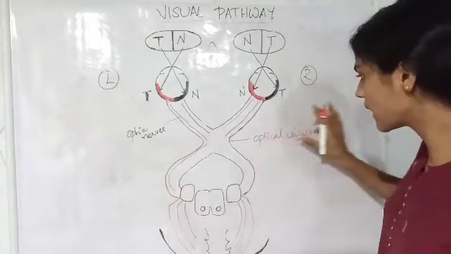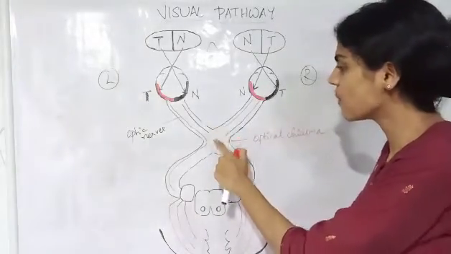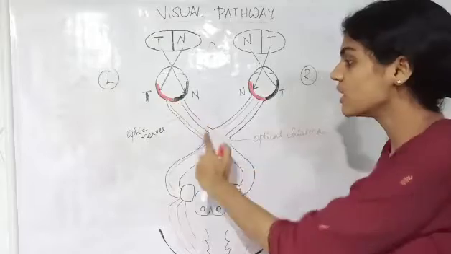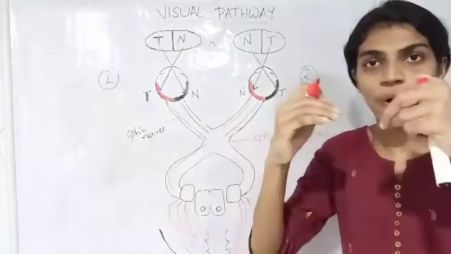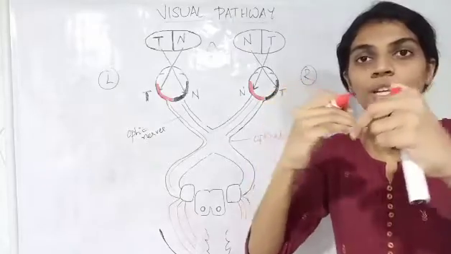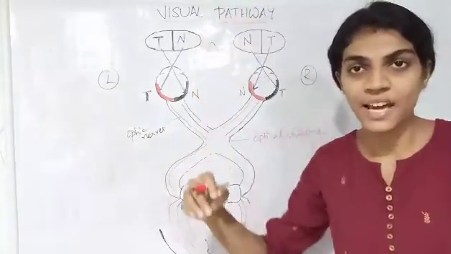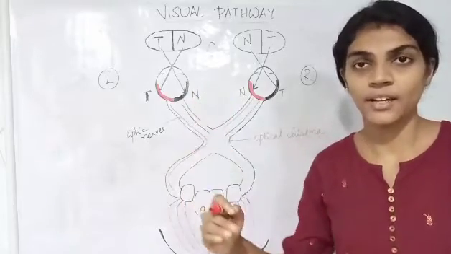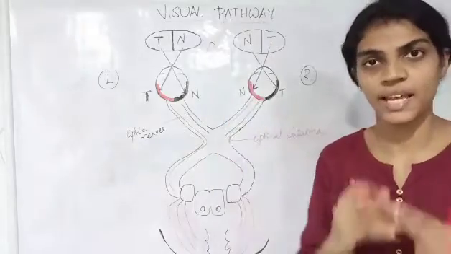Let me tell you, the optic chiasma is the point in the forebrain where these optic nerves meet. At this point, some of the nerves cross and some do not cross; they follow the same tract and go straight.